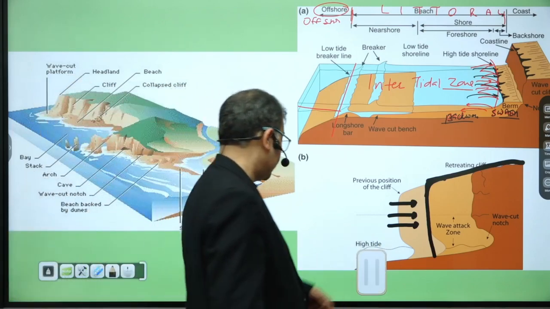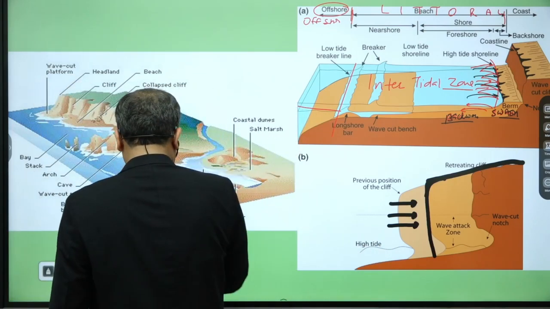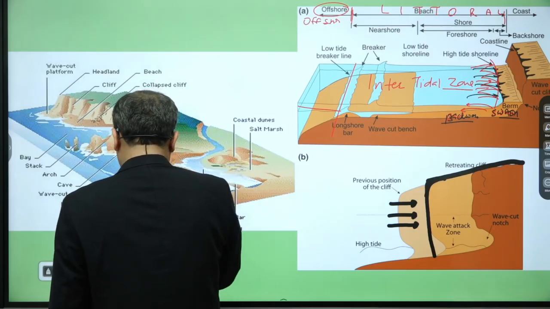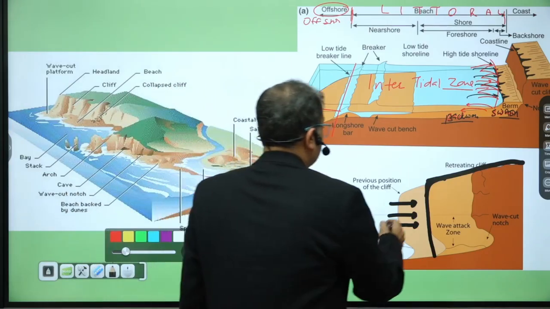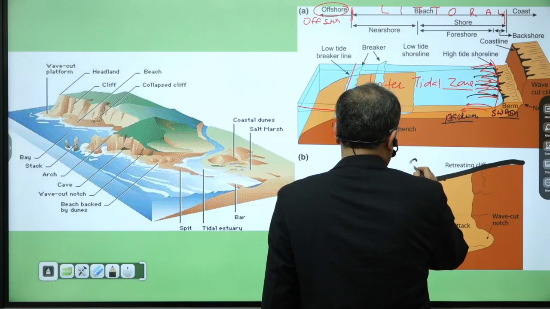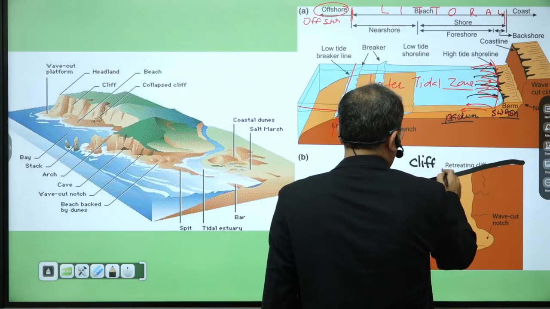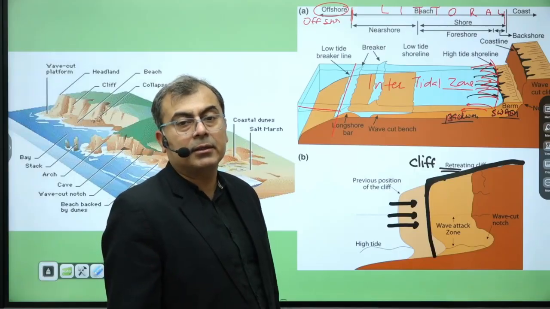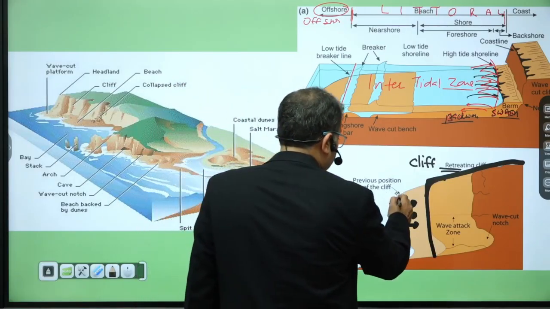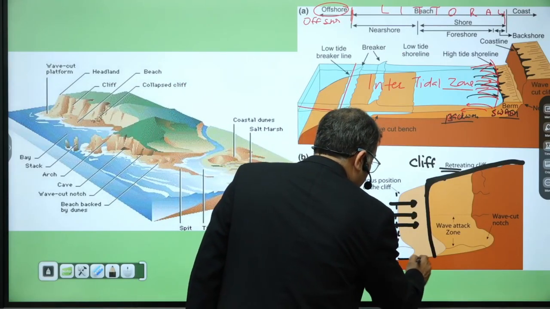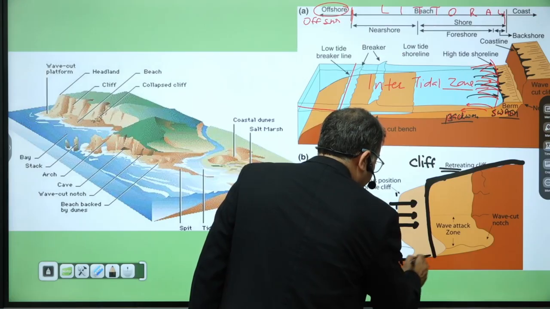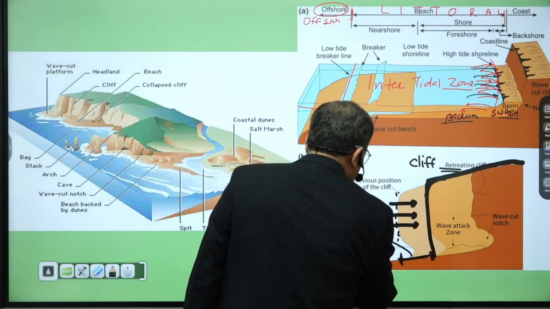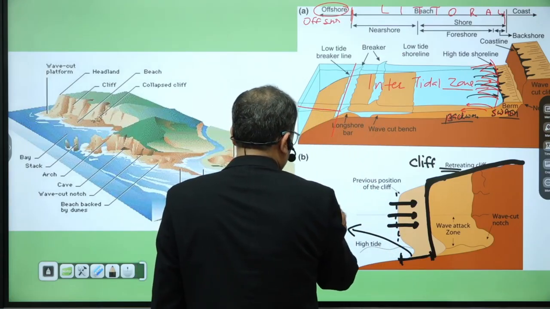इसको क्या बोलेंगे? Cliff retreat. The cliff will get retreated. Formerly the cliff was still here. Can I say this new flat area has been created? Can I call this an erosional surface?